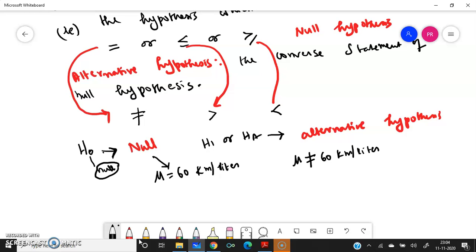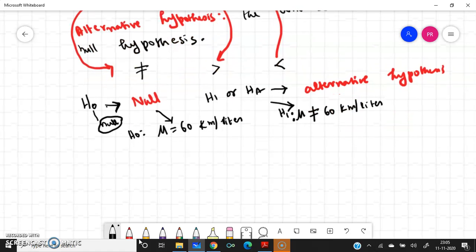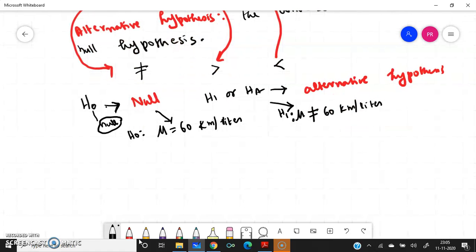This will be my alternative hypothesis. So this will be my H naught and this will be my H1. This is how we write the null and alternative hypothesis. H naught such that mu equal to 60 km per liter and H1 such that mu is not equal to 60 km per liter.